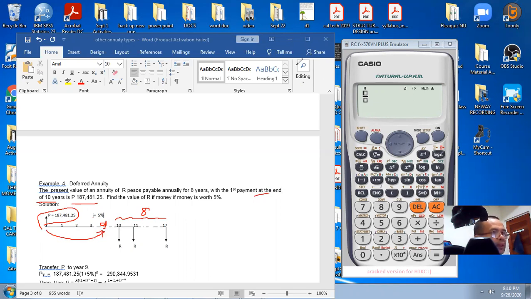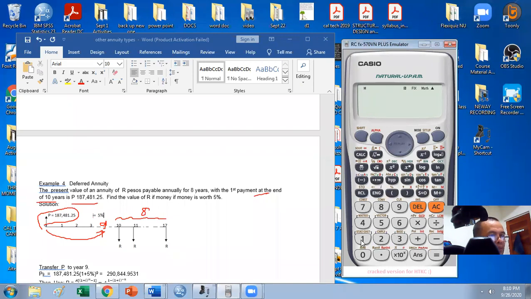Okay, so itong 187,000, kumpitin natin. 187,481.25 using the formula for simple compound interest, 1 plus, what's the interest rate? 0.05, raised to the what? Raised to the ilang taong nilipat? That is actually 9.